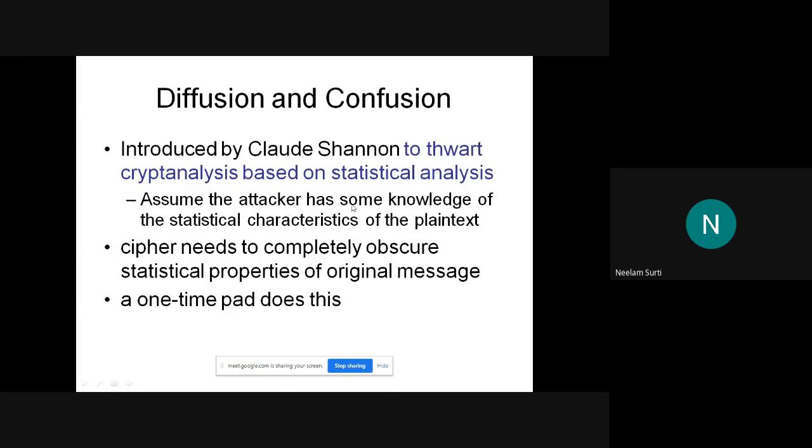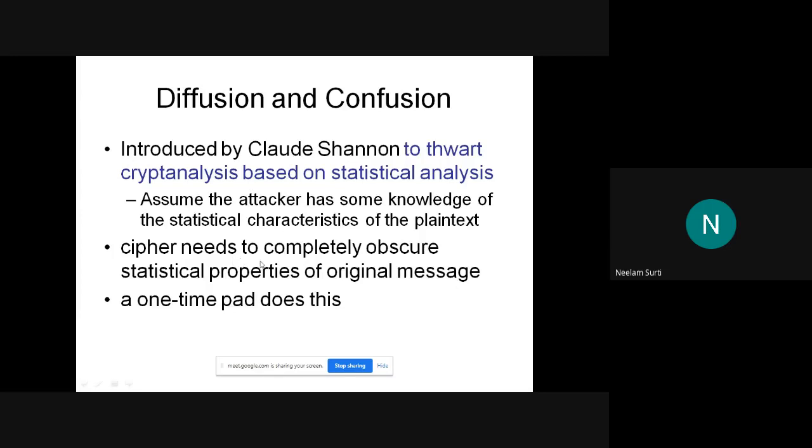Assume the attacker has some knowledge of the statistical characteristics of the plain text. As in the previous lecture, we have seen that cryptanalysis using known plain text is possible. Known plain text signifies that if that information is with the attacker, then using the diffusion and confusion properties proposed by Claude Shannon, it should not be possible to get the plain text back from the ciphertext.